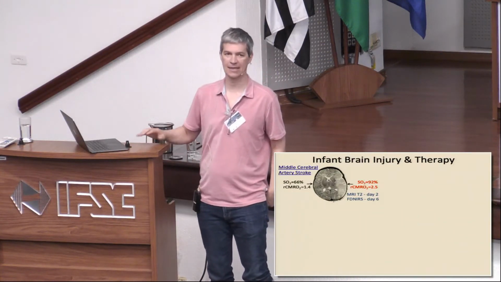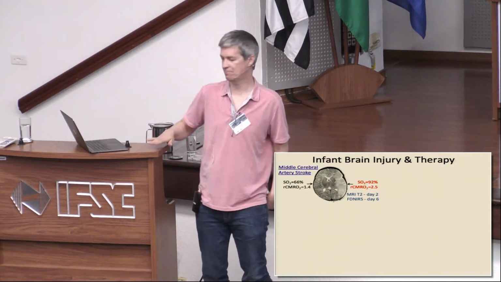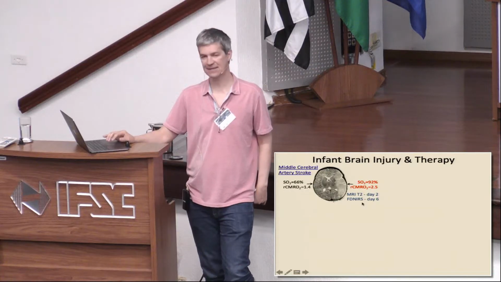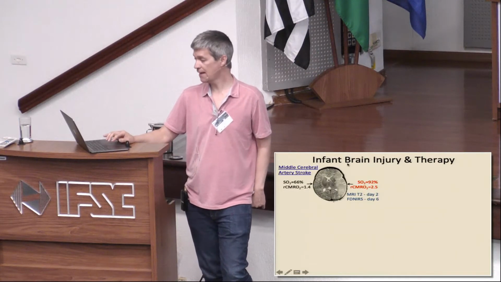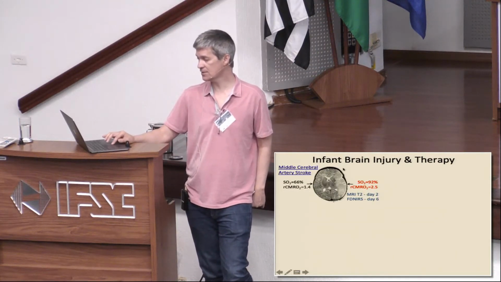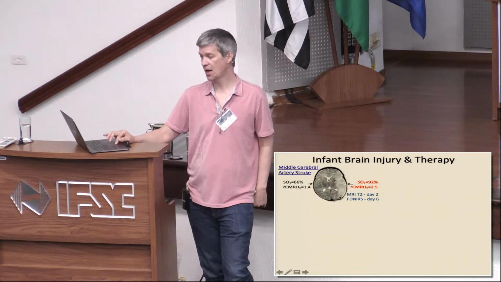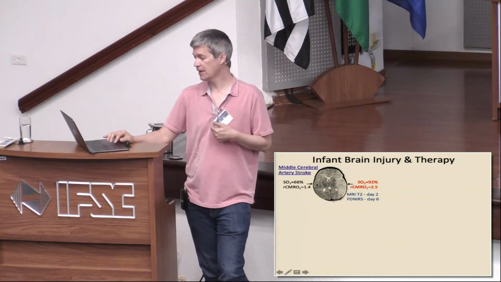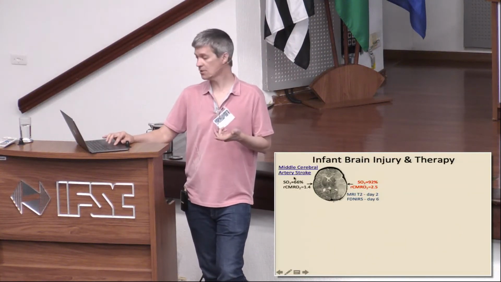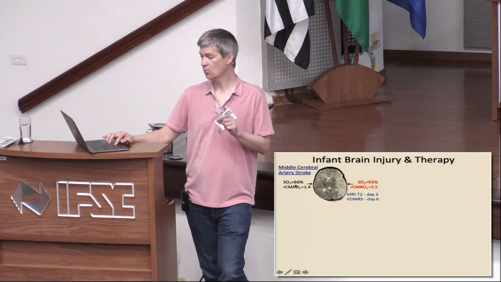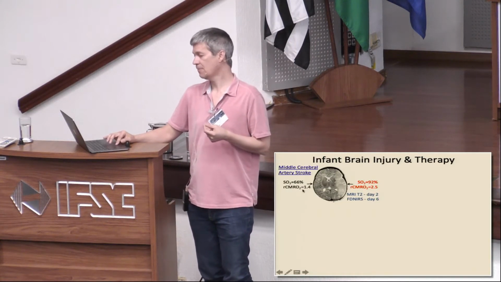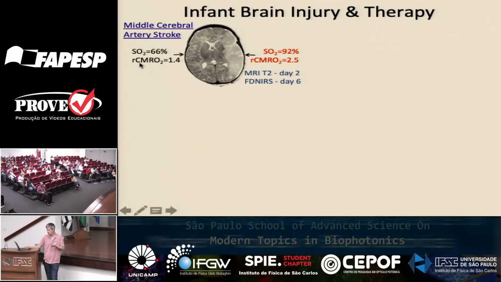looking at infants who are brain injured at birth, unfortunately. This sometimes happens. This is an infant that actually had a stroke at birth, and on MRI you can see the hemisphere that was deprived of oxygen. This is in the first week, and by measuring hemoglobin, you can see in the healthy hemisphere what is a very typical oxygen saturation of the hemoglobin, and this is this cerebral metabolic rate of oxygen relative to healthy controls.